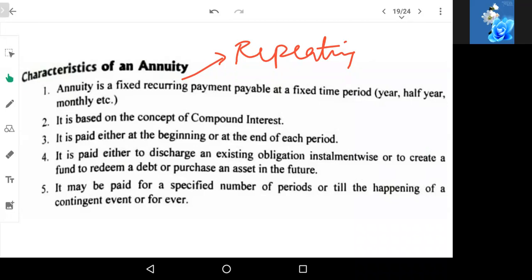Now, if you have heard about RD, that also works with annuity. RD is recurring deposit. You can keep an RD in any bank or post office. Every month, if you want to save 100 rupees, you can put that into an RD.